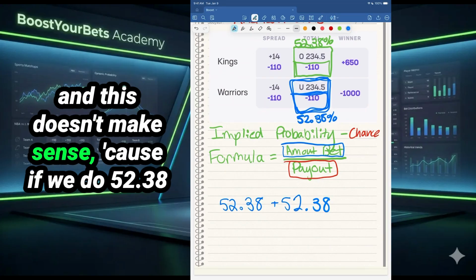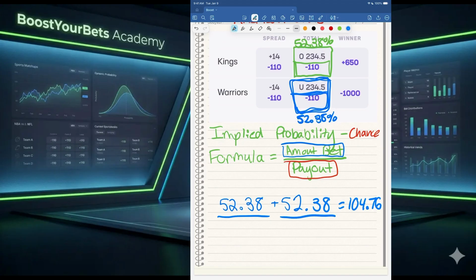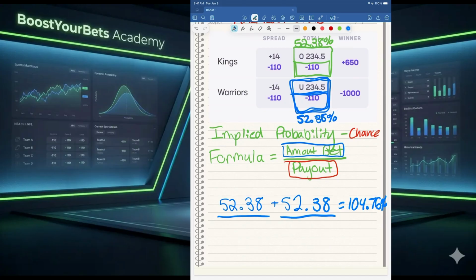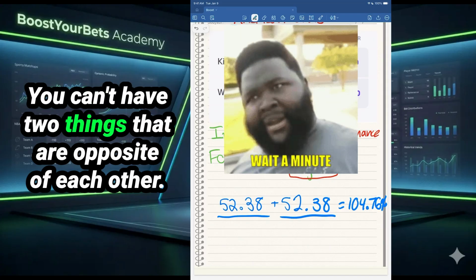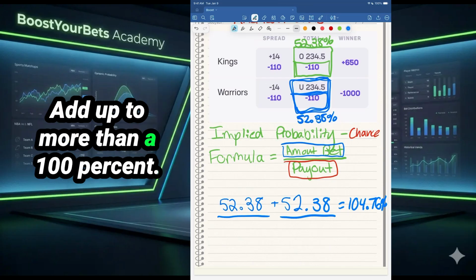This doesn't make sense, because if we add 52.38 and another 52.38, that gives us 104.76%. That's more than 100%. That's not possible. You can't have two things that are opposite of each other add up to more than 100%.